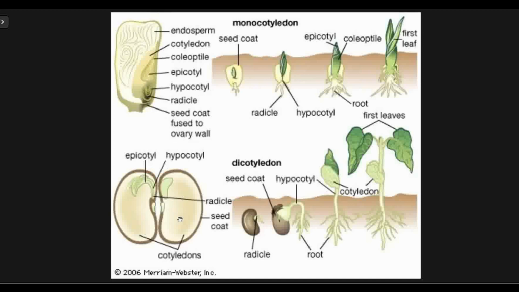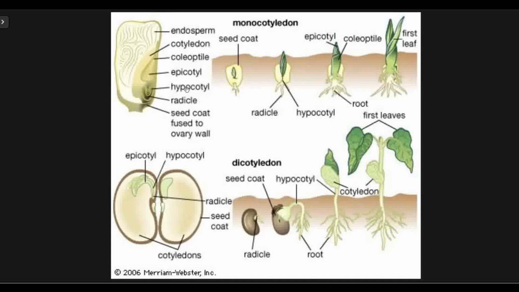Similarly, if you consider a dicot seed, you will also find the epicotyl here and the hypocotyl just here. So the epicotyl is above, while the hypocotyl is below in relation to the cotyledon itself.